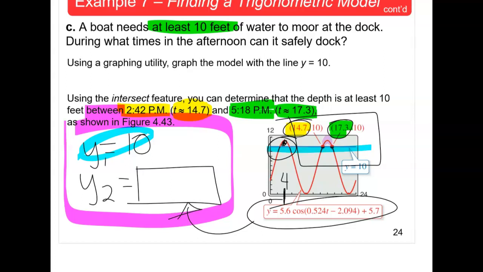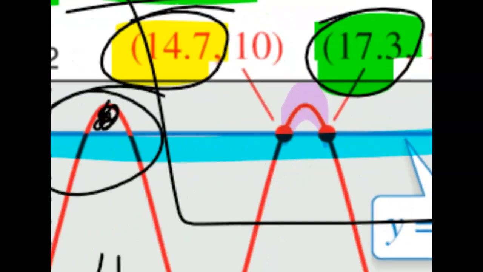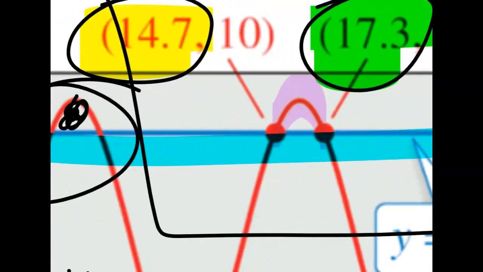And with that, we can find the intersection between those two graphs, which will be the cosine curve and the horizontal line. And so when we do that, we want to find the ones here because we want to find where the y value is 10 or greater than 10. And so we focus there.